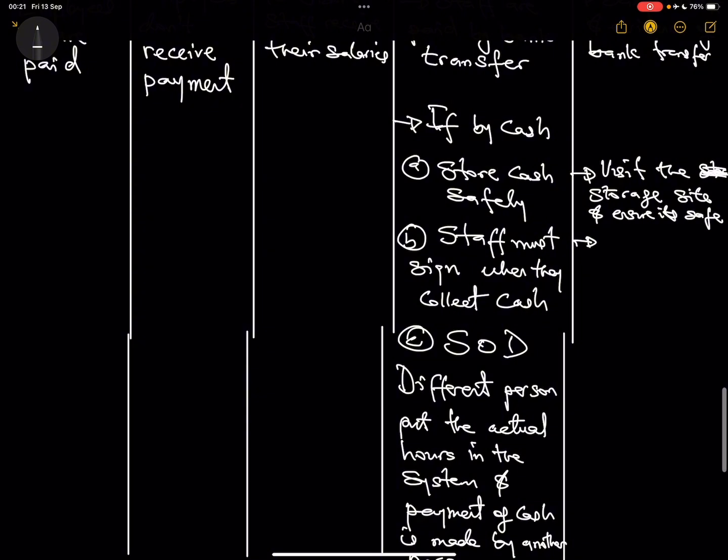Yeah. This one as well, auditors will sample staff and check for staff signature for salary payment.